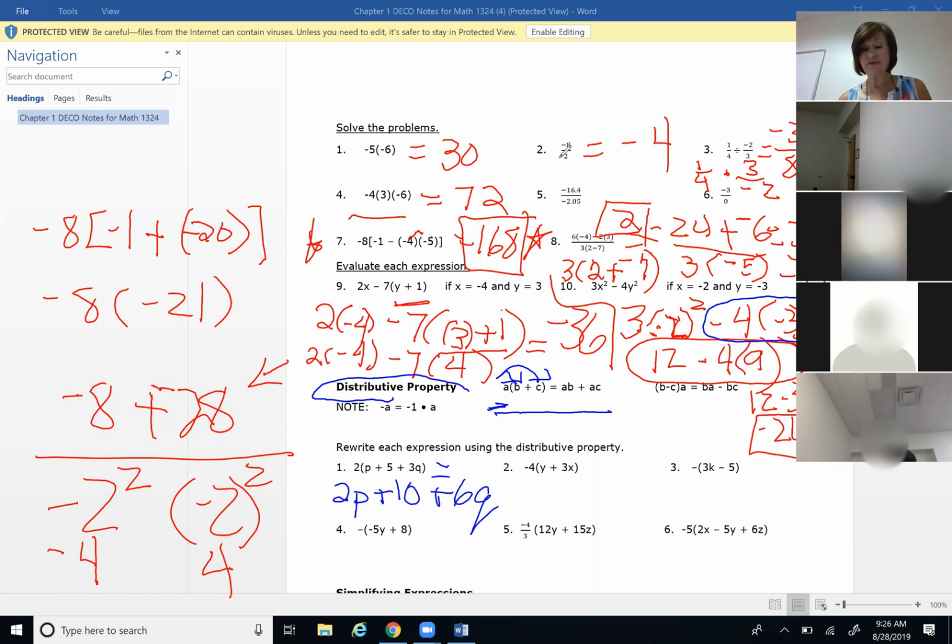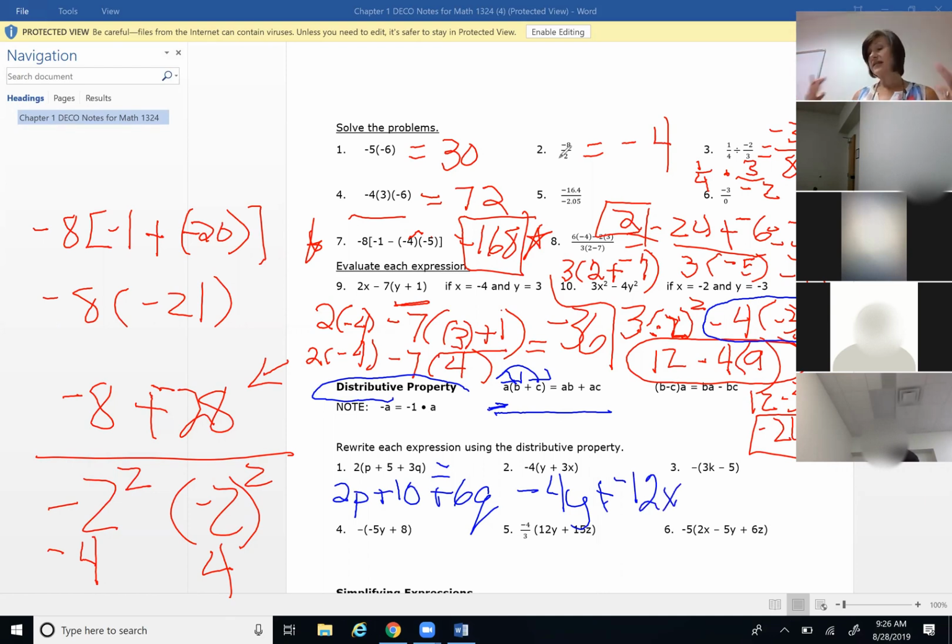With a negative 4 in front of the parentheses, if I distribute through, that gives me what? Negative 4y, and then what? Okay, watch out, because if I put the plus sign down, then I'm multiplying negative 4 times 3x, which is negative 12x.